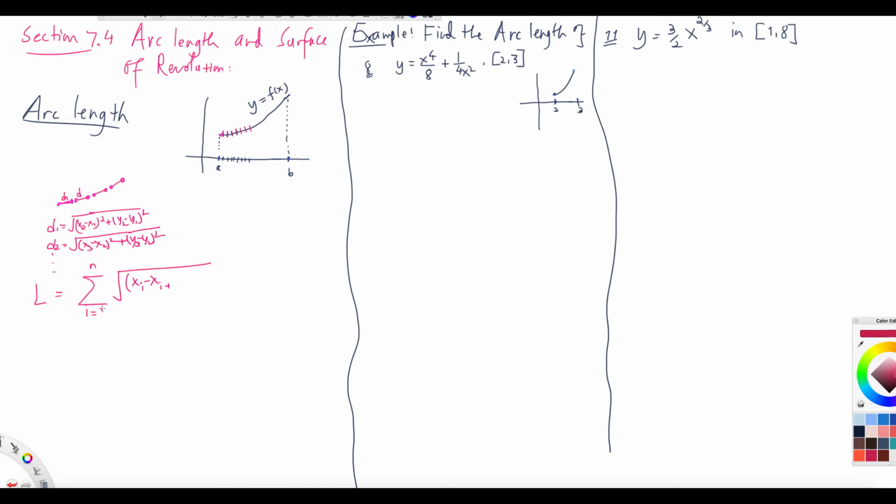You can think of the points as x0, y0, x1, y1, x2, y2, x3, y3, x4, y4 and so on. Then you get (x1 minus x0) squared plus (y1 minus y0) squared. Oh, sorry, (yi minus y(i-1)) squared.